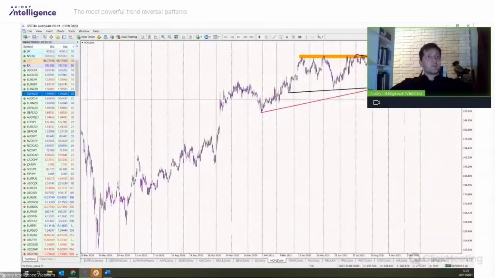Upswing, symmetric triangle. There's black lines. There is no continuation to the upside, and there is a drop. At the same time, that's a head and shoulder pattern, but it's common that a symmetric triangle is a head and shoulder as well. Left shoulder, head, and the right shoulder. Breakout of the neckline, drop.